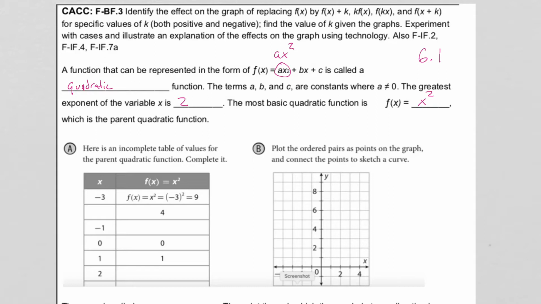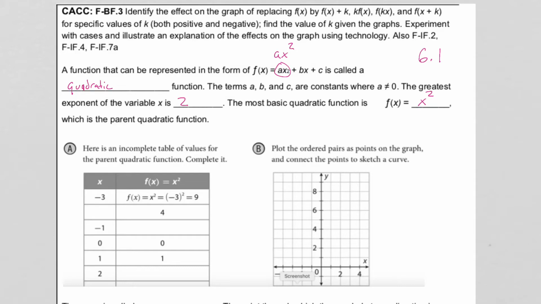Hopefully, before we took these notes, you had some experience building on Desmos, the calculator, for a quadratic function, and all the different translations and transformations of the function compared to the parent function. But let's just take a look.